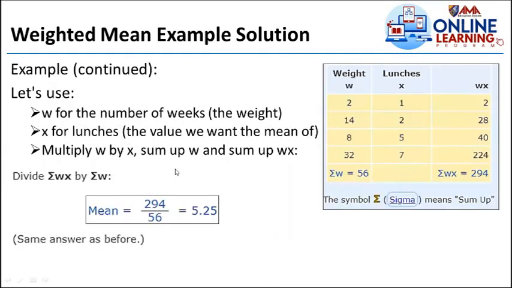And also, we're going to have another approach, no? Let's use W for the number of weeks, X for the lunches, then multiply W by X, sum up W, and sum up WX. So we're going to have our table. So the weight in terms of weeks, 2, 14, 8, and 32. So the number of lunches, we have 1, 2, 5, and 7.